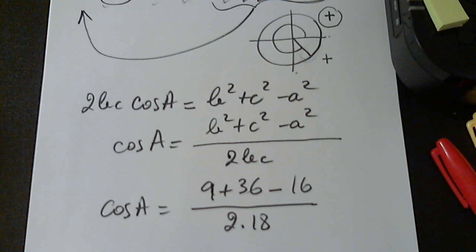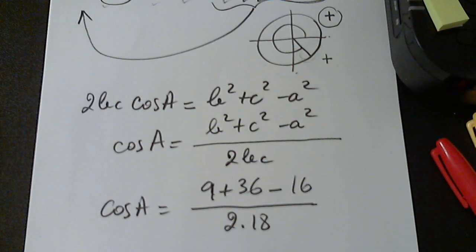Why? Not because I'm lazy. It's because I can put it in the calculator. Careful with parentheses around the numerator. The denominator is also true. So I have 9 plus 36 minus 16. And I divide by, in parentheses, please, 2 times 18 or just 36. If you put 36, you don't need parentheses, but if you put 2 times 18, you have to.